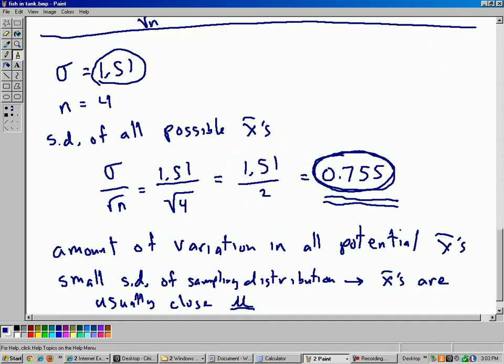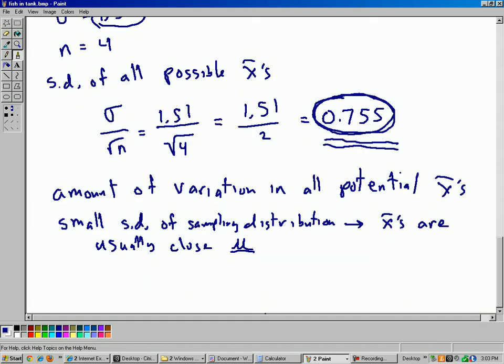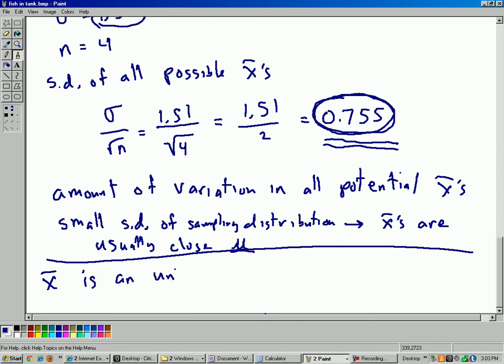This is mentioned in the textbook on page 293 as well. But the sample mean is an unbiased estimator, which means that on average, it's just right.